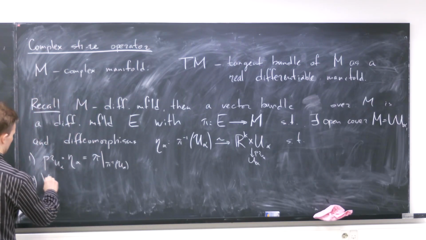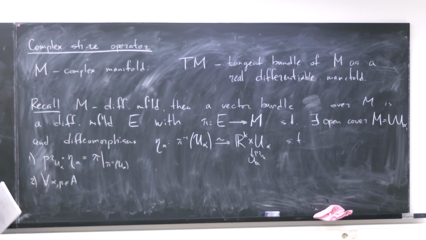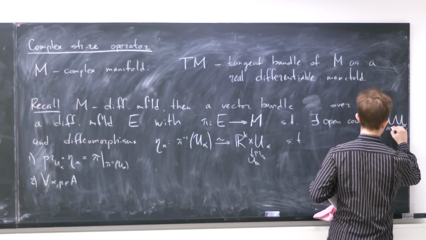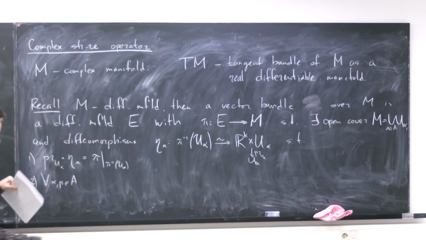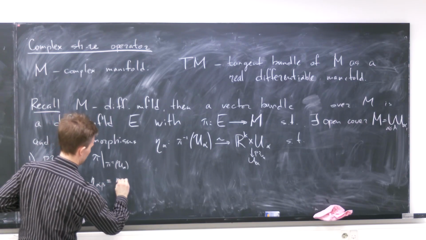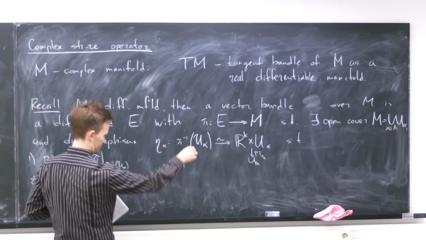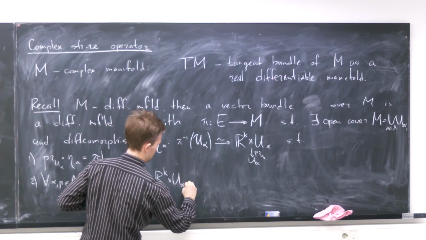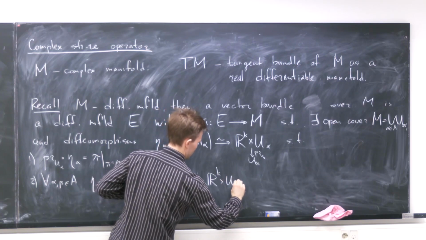So for any pair of elements of this open cover, I consider the following composition, eta alpha beta, which will be eta alpha composed with eta beta inverse. So this goes from R^k times the intersection to itself.